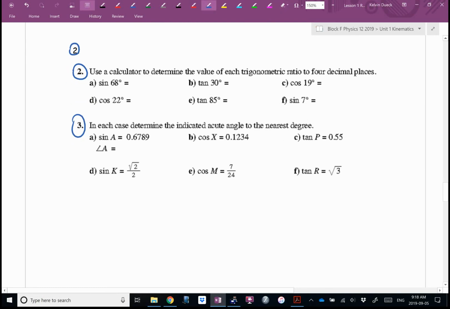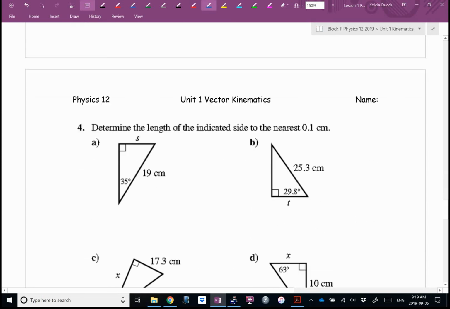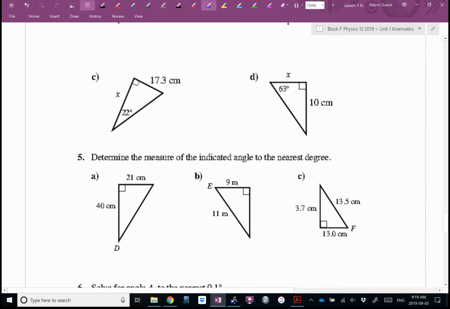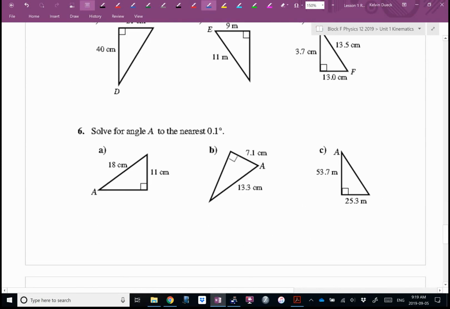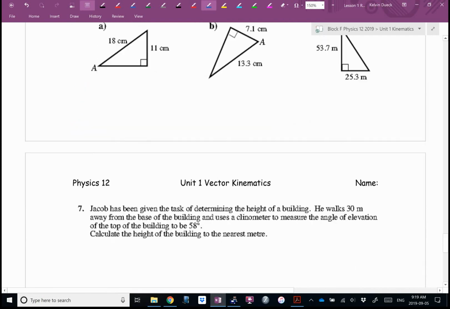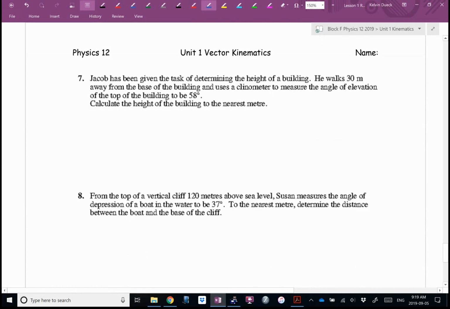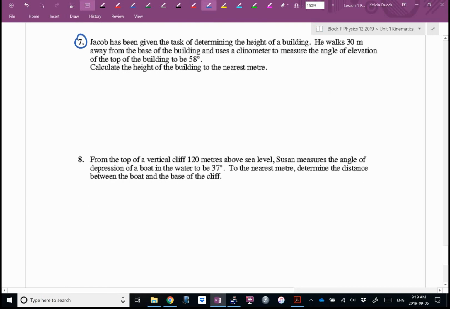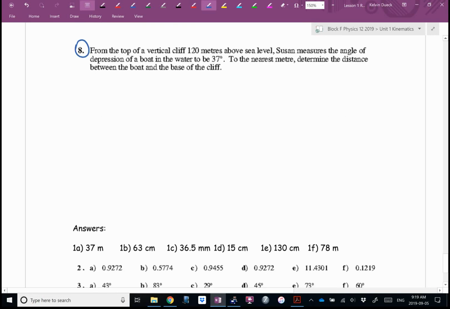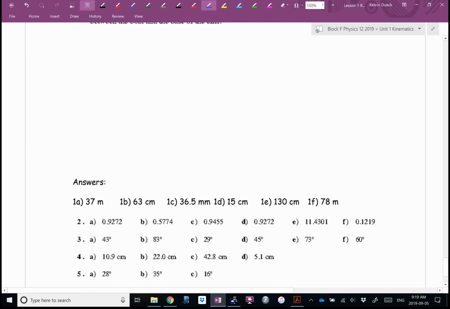Again, if you can do those showing no work whatsoever, great. All of number 4, all of number 5, all of number 6. 7 is good. 8 is good. And answers are attached.